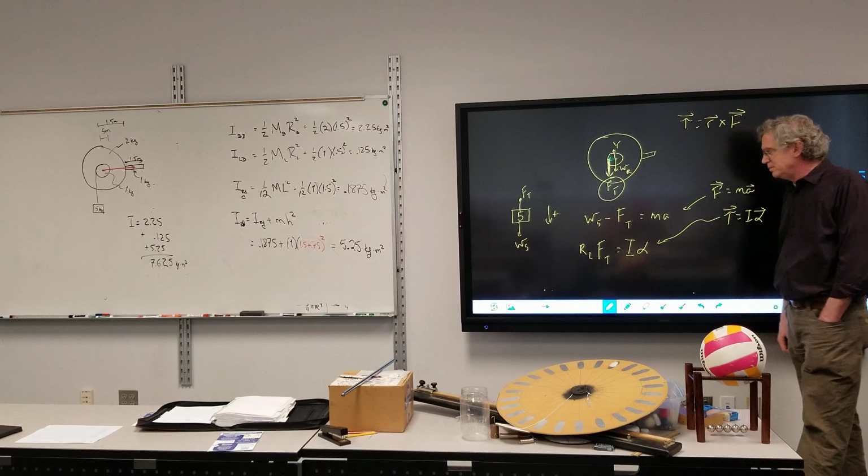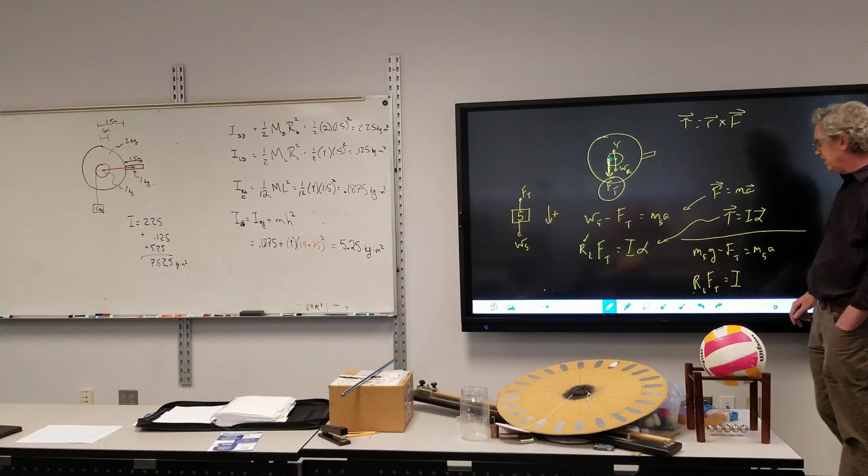Let's do substitution next. So weight, we have m5 g, minus the tension equals m5 a. And down here, we have the radius of the little one times the tension equals I. I'm just going to leave it as I for right now, but we calculated what the actual value is.